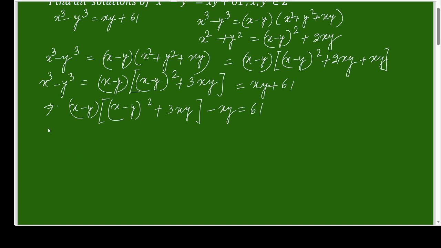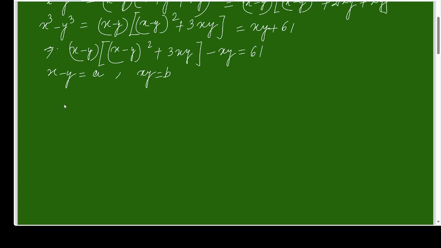Now I am taking x minus y as another variable a, and x times y is equal to b. Since x and y are integers, x minus y is an integer, and x and y are positive integers, so xy is also an integer. So a, b are integers.